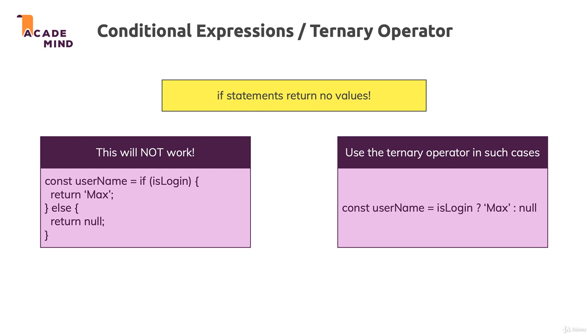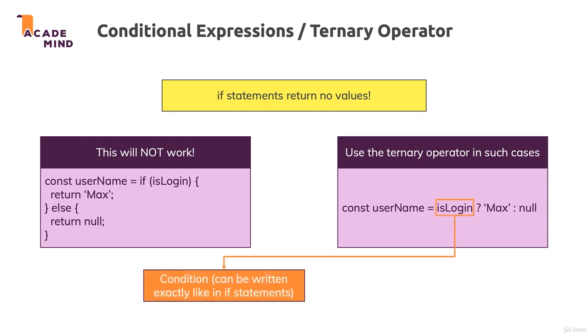Now, the logic here is simple. You first put your condition which you want to check, and there you can have any condition you could have in an if statement, including multiple conditions combined with and or. Then you have the question mark, and thereafter you have the value you want to use if the condition is true. And that's important. You have a value here, so something which could be stored in a constant.